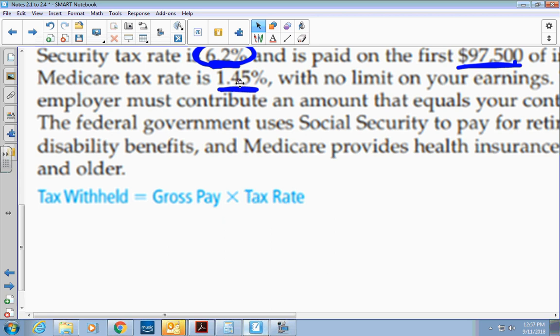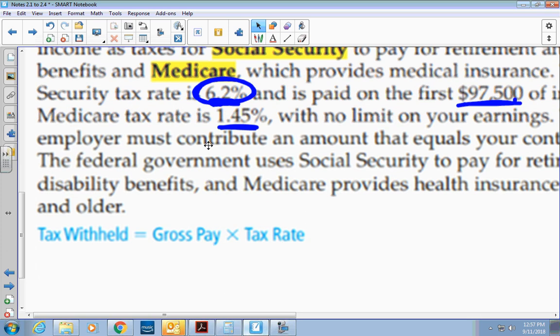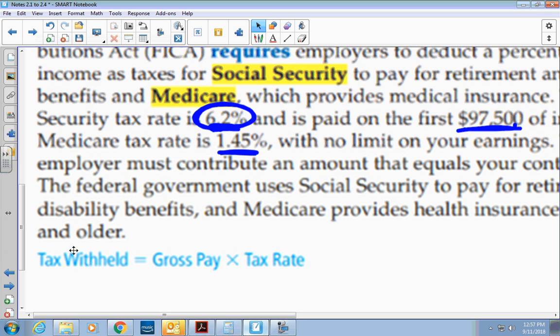So straightforward, multiply by the percent. The only weird part is if you go over the 97.5, then you don't pay Social Security. So you guys have to write that down. Tax withheld equals gross pay times tax rate. Oh, you guys have it on your paper already. Okay. Yay.